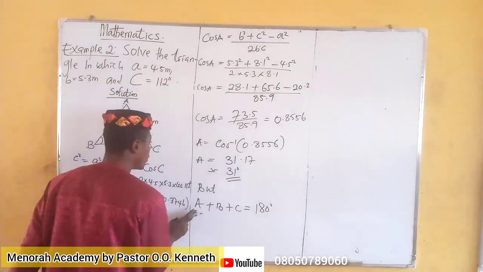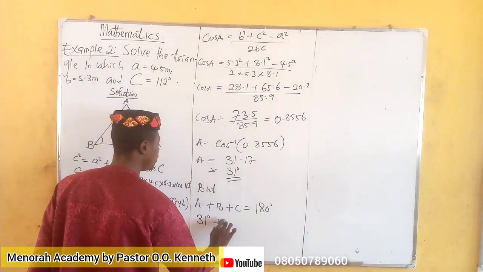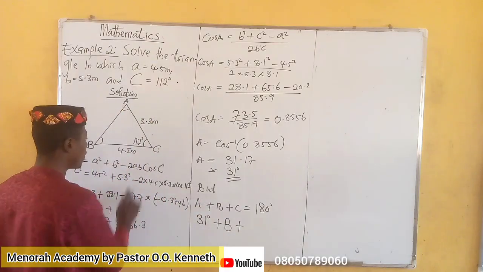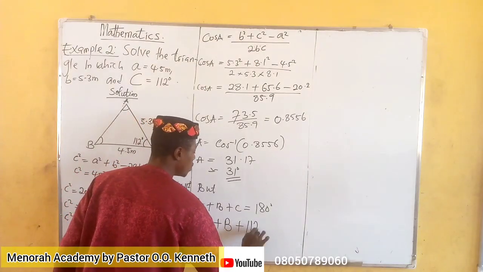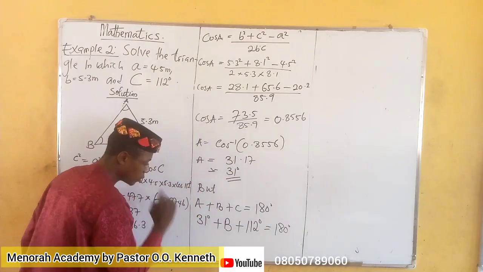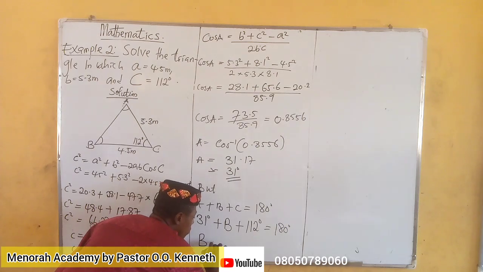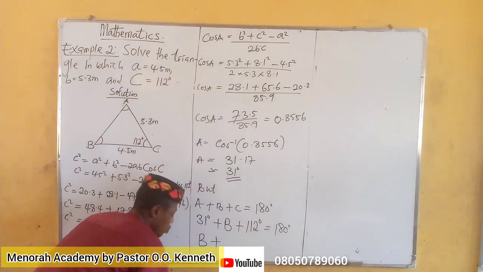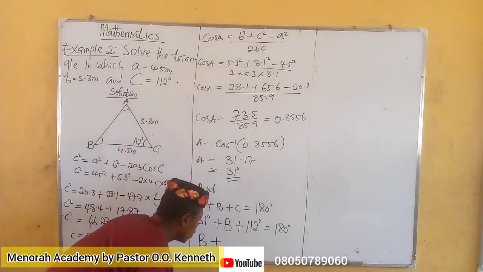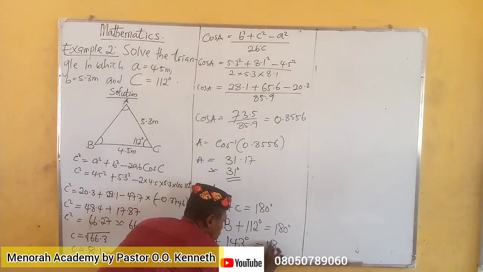So our A is known to be 31 degrees, plus our B, which is what we want to find now, plus our C, which is given to be 112 degrees, equals 180 degrees. So B plus 31 plus 112, and 31 plus 112 is going to give me 143 degrees, equals 180 degrees.